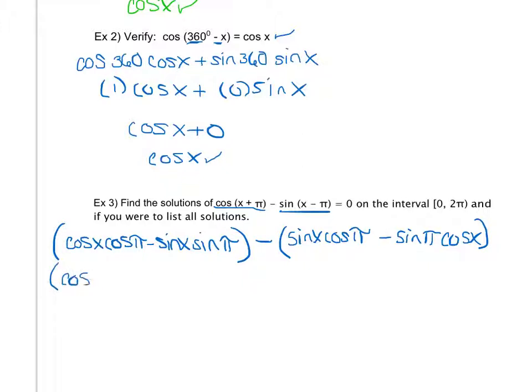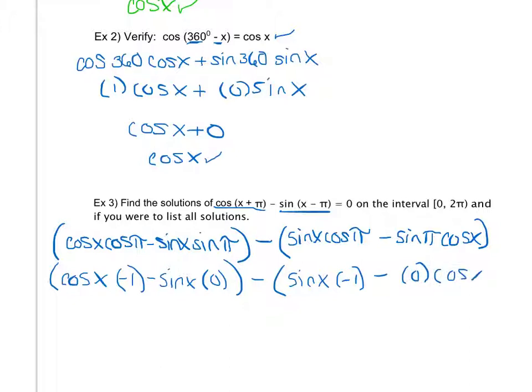And I'm left with cosine of x times negative 1 minus sine of x times 0, minus sine of x times negative 1 minus 0 times cosine of x.